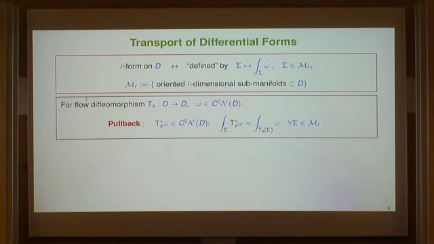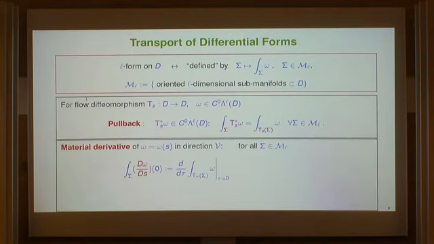And then we can wonder, how does the value of the form change as you move the test surface? This is this derivative. So you move the test surface with the flow, and you watch the change of this integral.